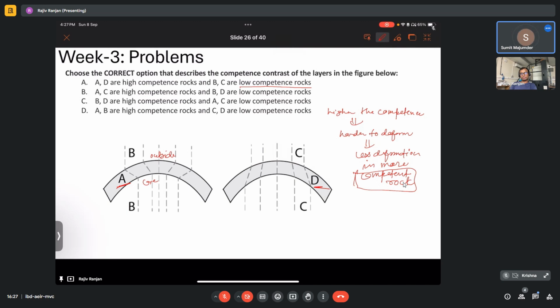I mean, C is more competent and D is less competent. Okay. Are you able to match with any other options?